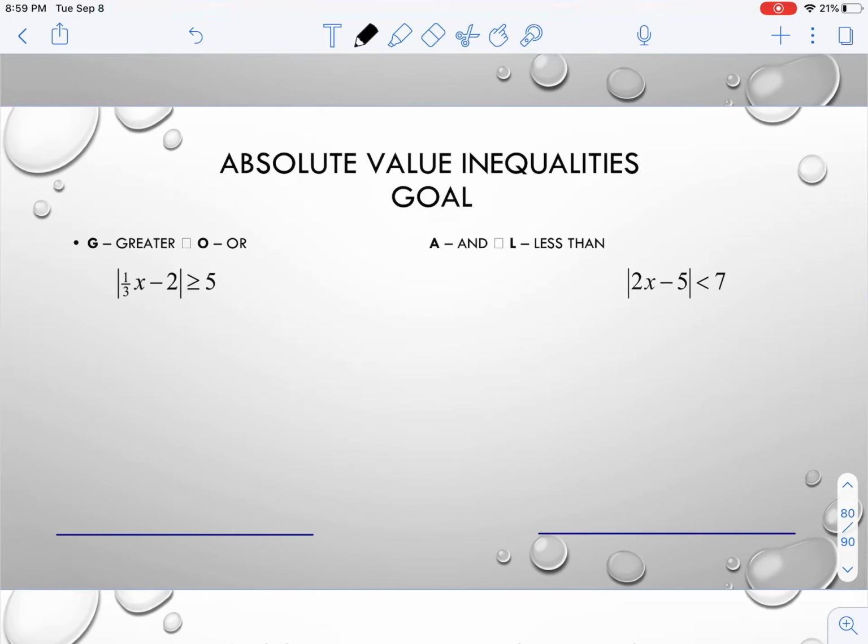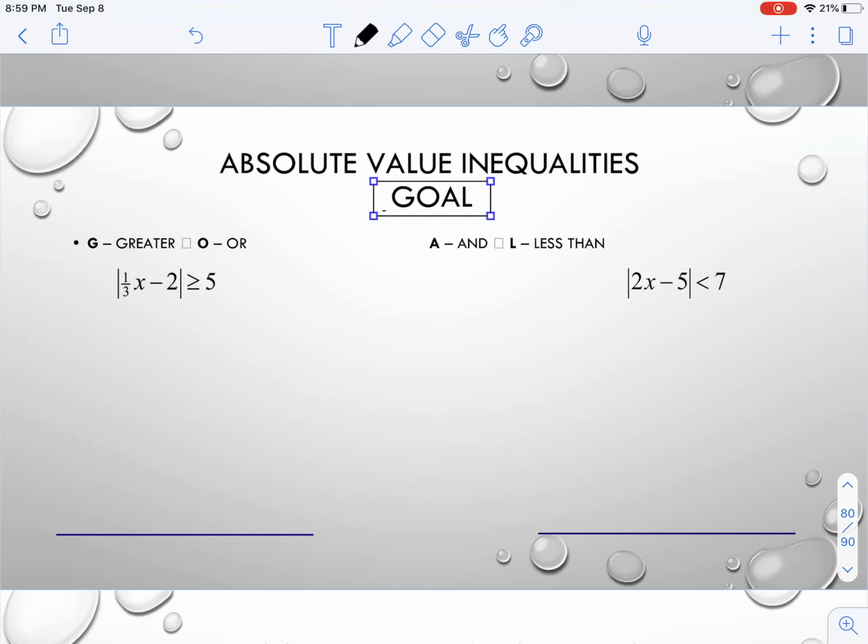Okay, in the other cases we could run into absolute value inequalities. When we have absolute value inequalities, I'm looking not just at specific values, but at ranges of values or intervals. So when we have absolute value inequalities, I have an acronym, and that acronym is GOAL, and it's going to help us determine whether we end up with an or or an and statement.